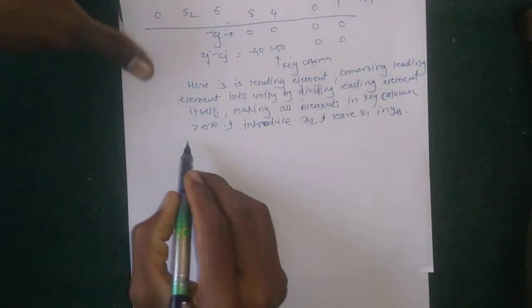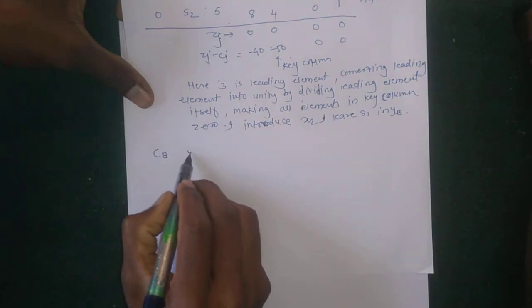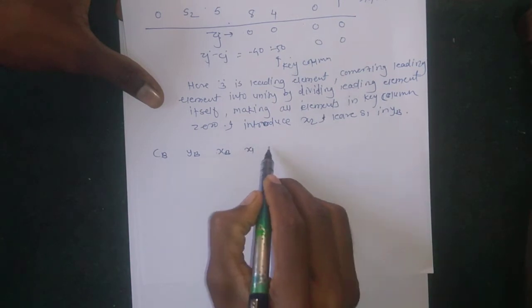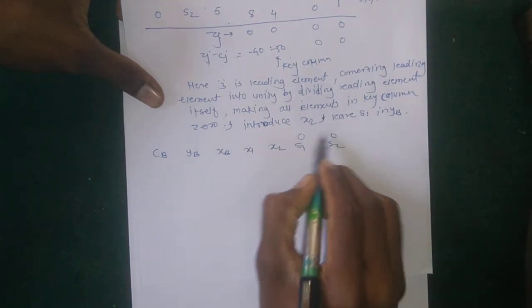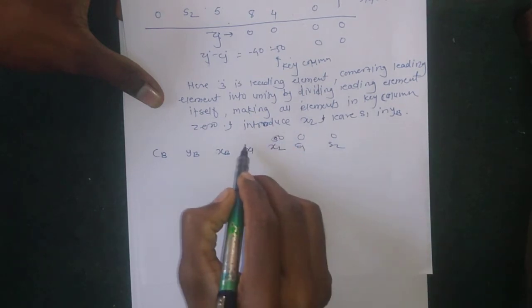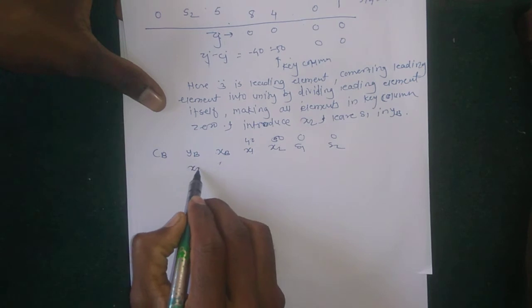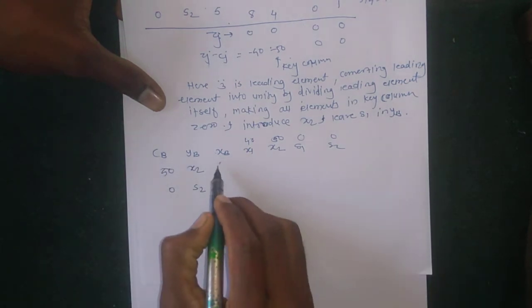So the next simplex table is: cb, yb, xb, then x1, x2, s1 and s2, 0, 0, 50, 40. In this column x2, the value is 50, 0, and s2 as it is.